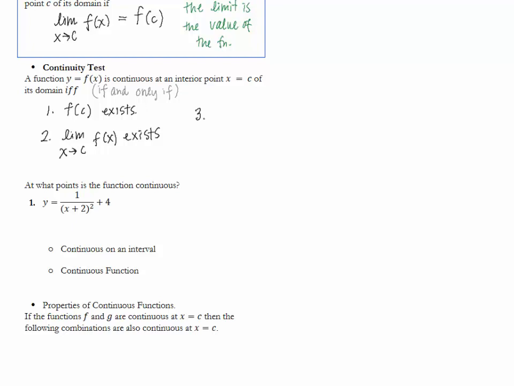And 3, the limit as x approaches c of f of x equals the value of the function at c. So if the value of the function exists and the limit exists, and those two things are equal, then we can say that the function is continuous at the point.